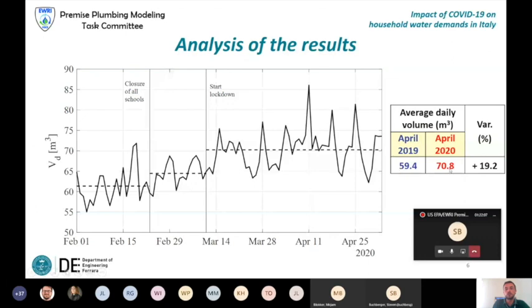And we can immediately notice that the average daily volume of these 300 users increased from around 60 cubic meters to 70 cubic meters per day, with an increase of around 20%.